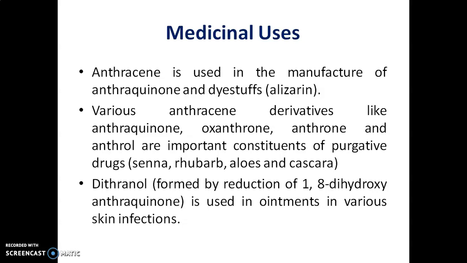Various derivatives of anthracenes like anthraquinone, which are also present as glycosides, then oxanthrone, anthrone and anthrol, they are forming an important constituent of purgative drugs like rhubarb, senna, aloe and cascara. Dithranol, which is formed by reduction of 1,8-dihydroxyanthraquinone, is used in the form of ointments in various skin infections.